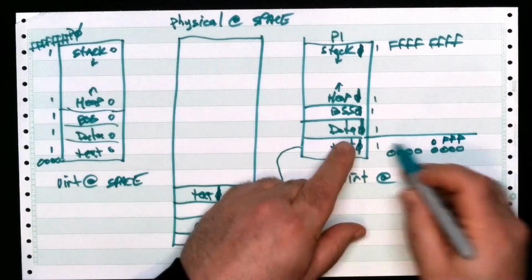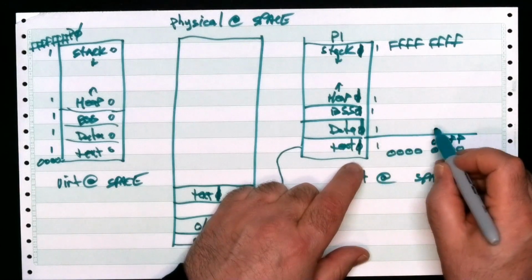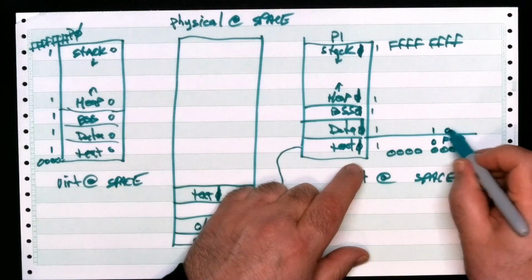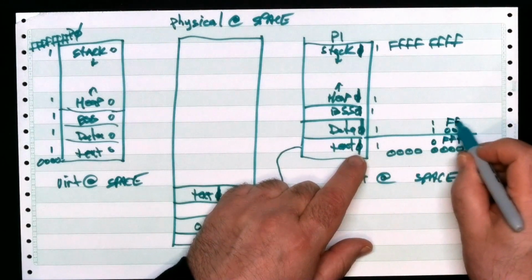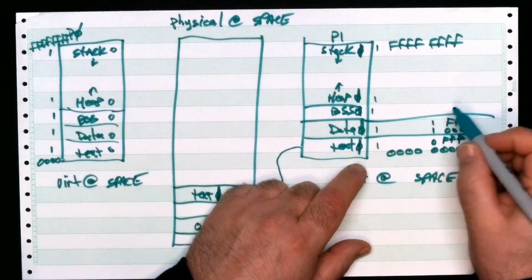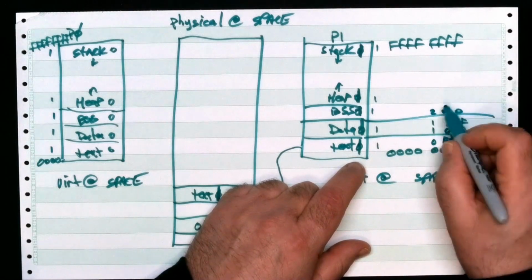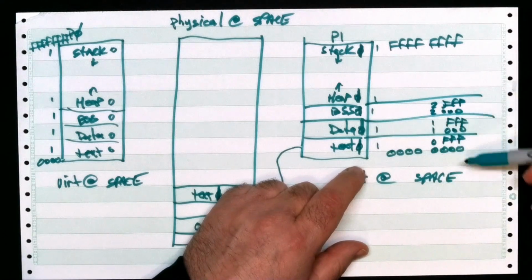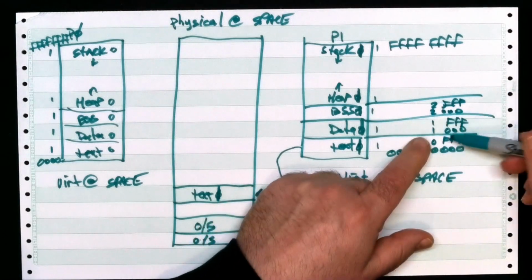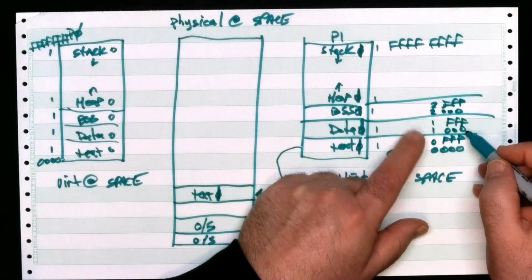This page here would start at 1000 and go up to 1FFF. And this would be at 2000 through 2FFF, and so on, because each one of these 4K pages in decimal is 1,000 in hex, all right? So that's what's going to happen in here.